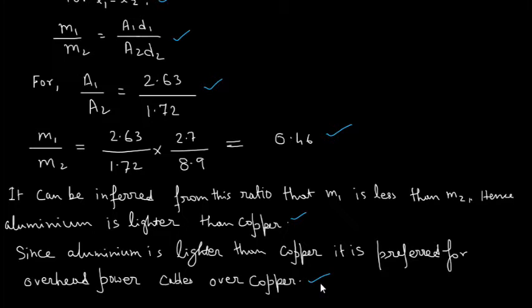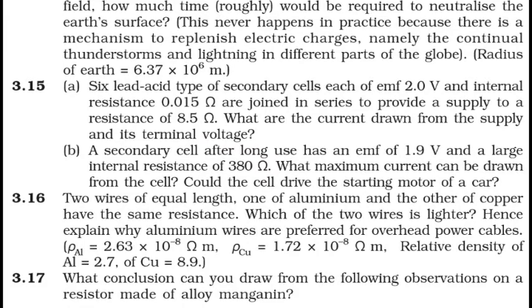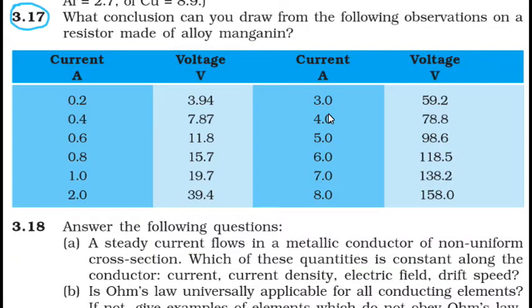Let us see the next problem. Now we'll solve problem number 3.17. What conclusion can you draw from the following observation on a resistor made of alloy manganese? In the tabular form, the values of current I and voltage V are given.